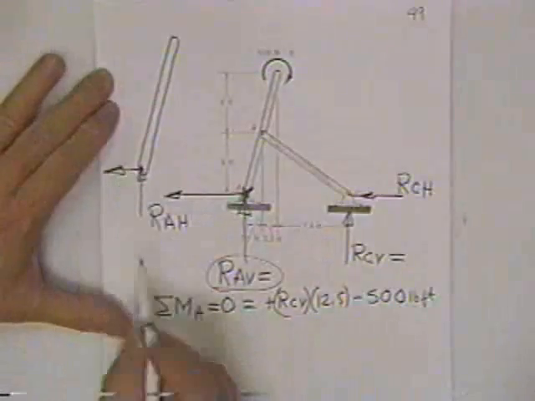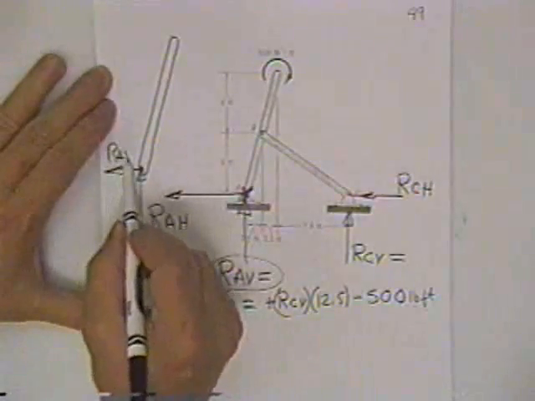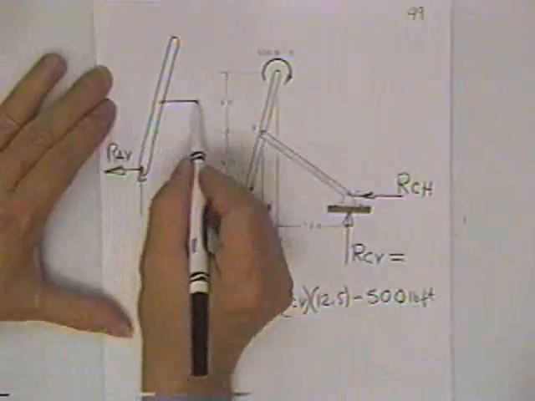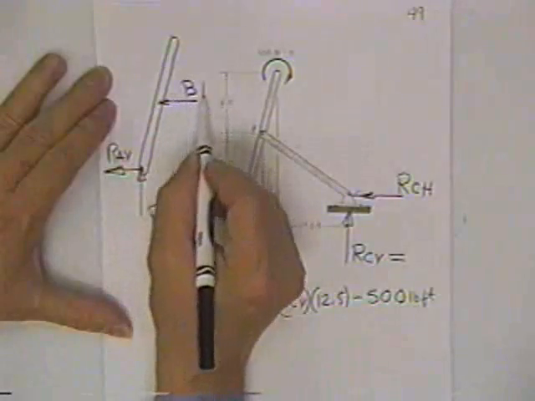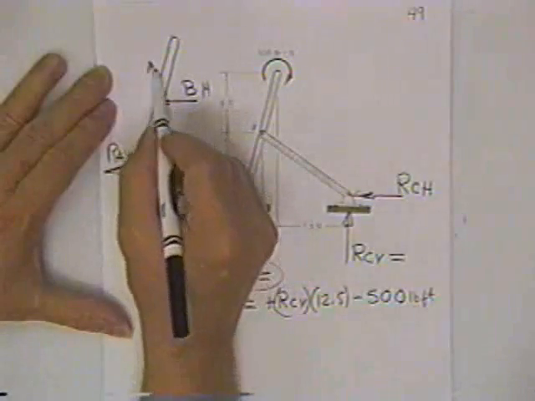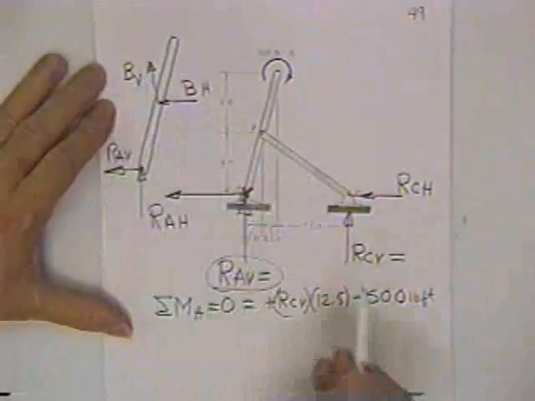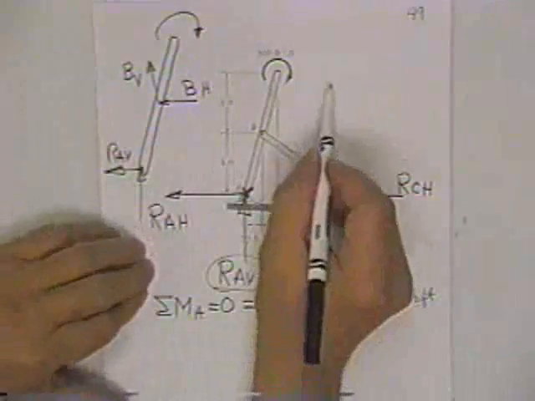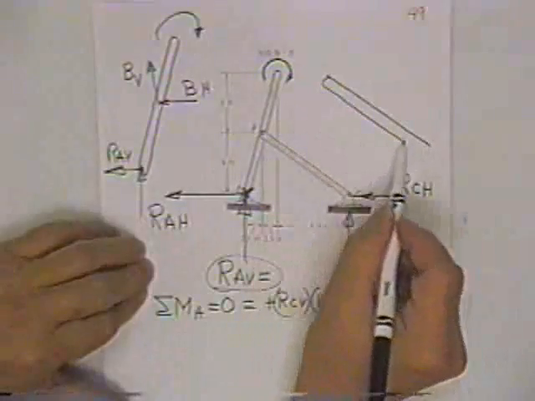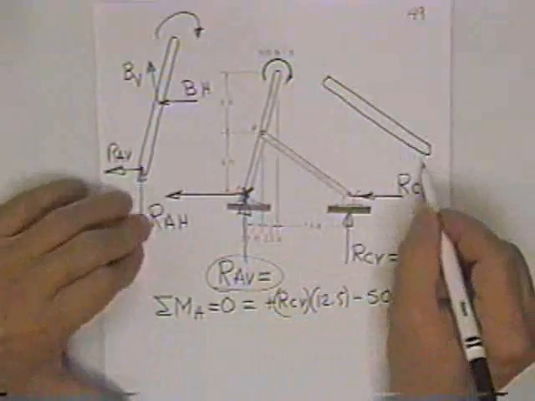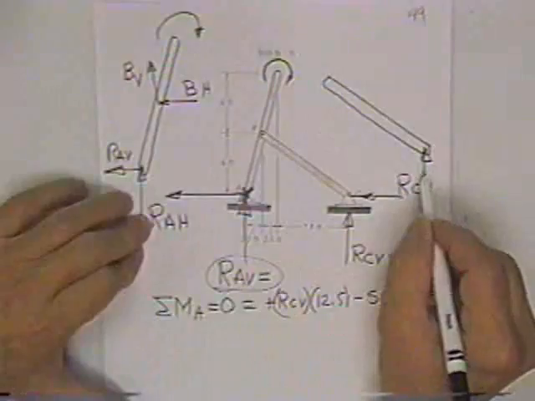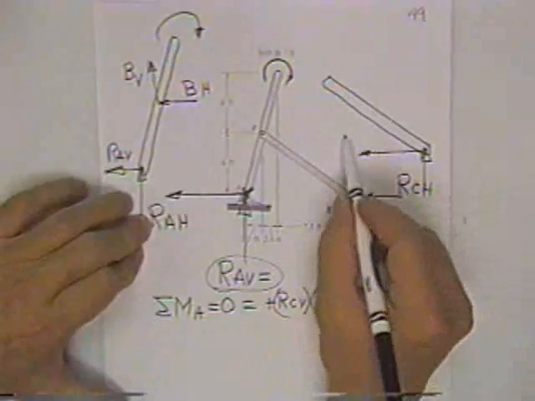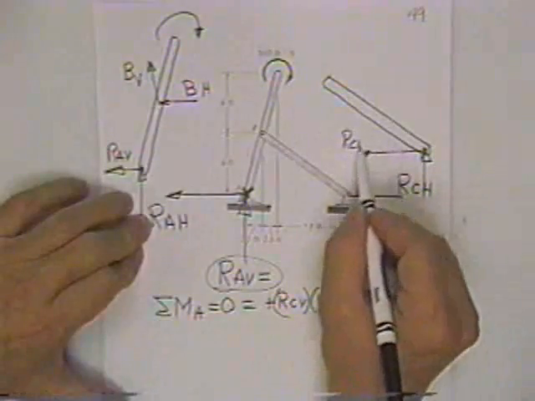You'll put this unknown number as just a name. You will guess B horizontal. You will guess B vertical. You will put this on there. Then you'll draw a free body of this one. You will put this known number here. You will put this unknown number here.